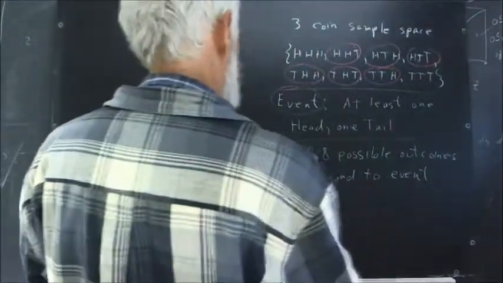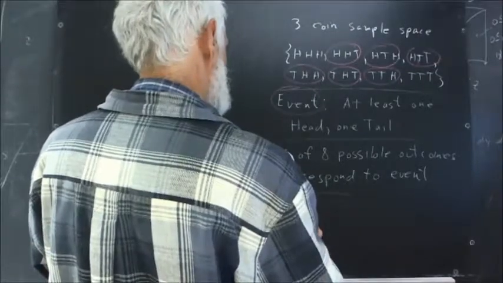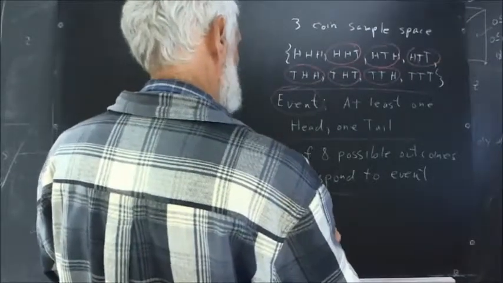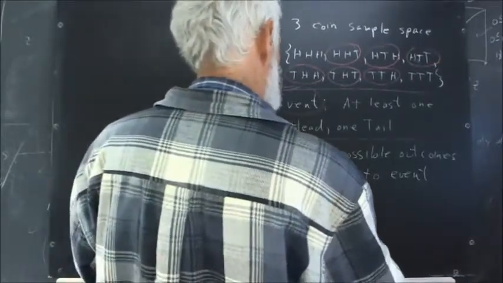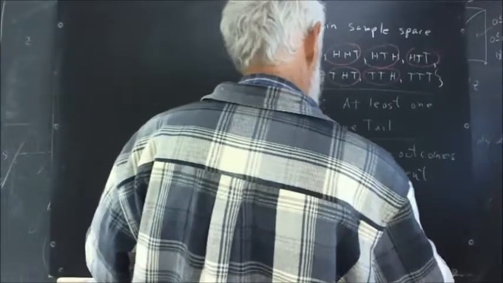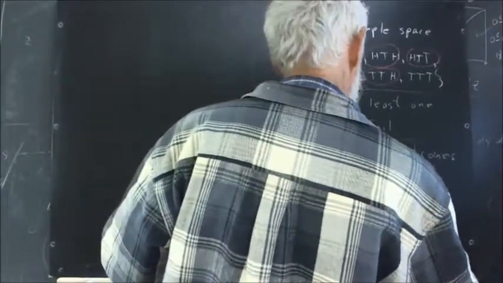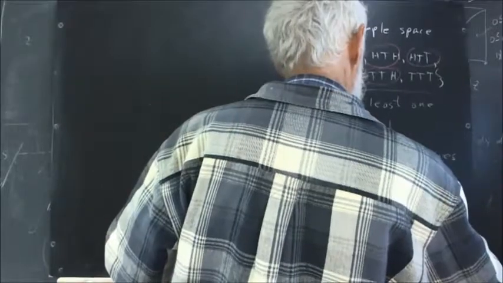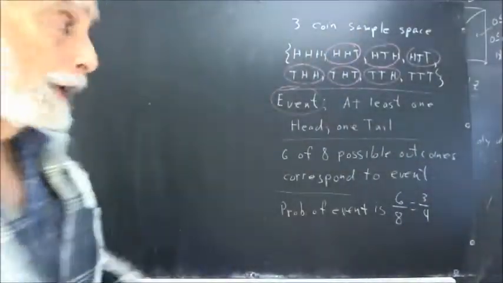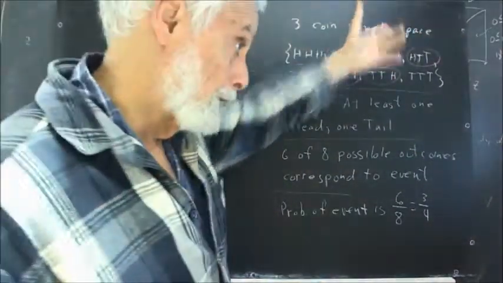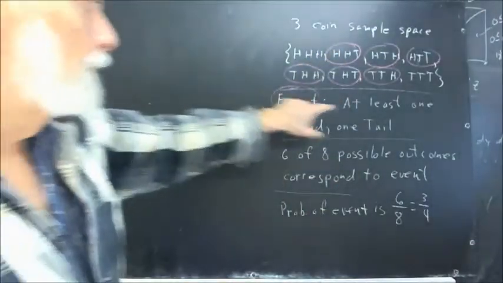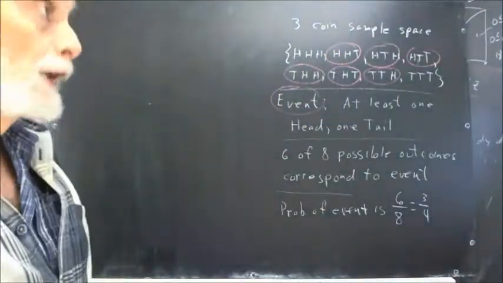We conclude that the probability of the event is 6 over 8, which of course reduces down to 3/4. 75%. 75% of these outcomes correspond to the event of at least 1 head and 1 tail.